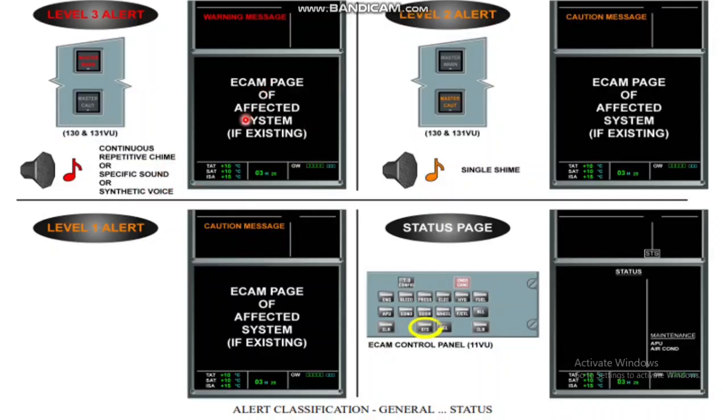The ECAM page of the affected system, if it exists: if the engine system fails, the engine system page will automatically pop out and you will get a warning message in red color. Now level 2 is amber color. You get master caution, whereas here you got master warning. The caution message will be in amber color, the ECAM affected page will pop out, and you will get a single chime only, not a continuous chime. Then level 1 alert, caution message, here also the affected system page will come out if it exists. And the status also you can press, and you can see some maintenance message or something here.